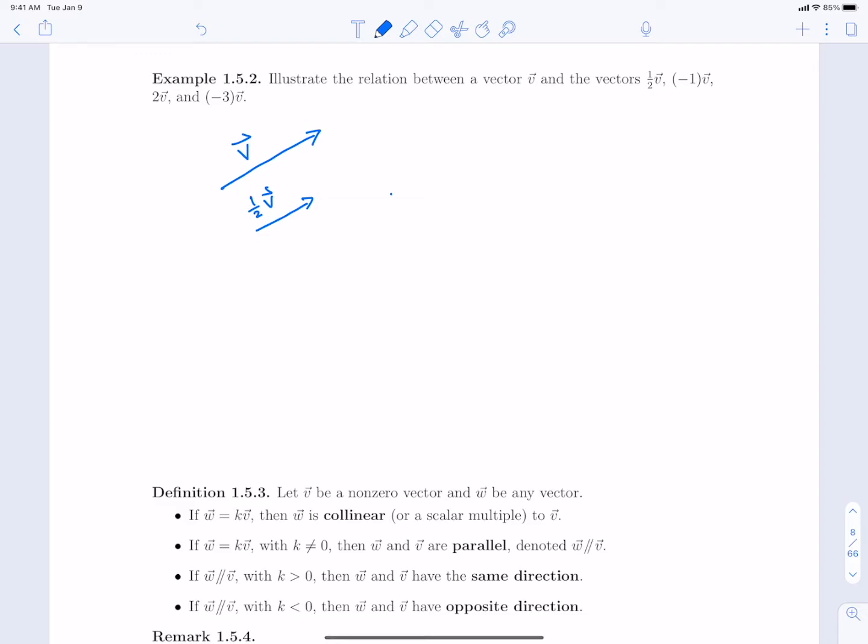If I needed negative v, negative 1 times v, or negative v, would look about there. Now 2v, again, the picture might not be a perfect representation, but I hope that it's illustrating the point. And here's negative 3v.